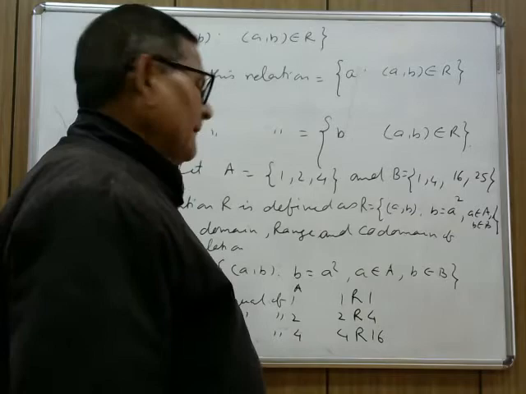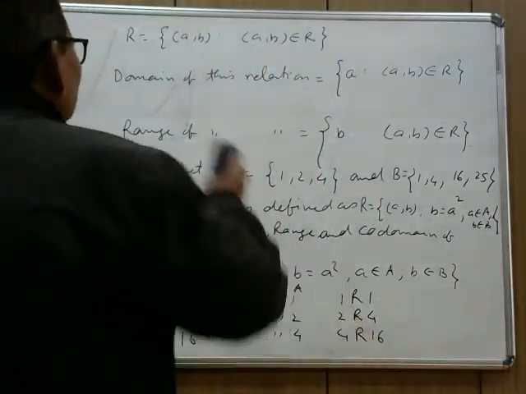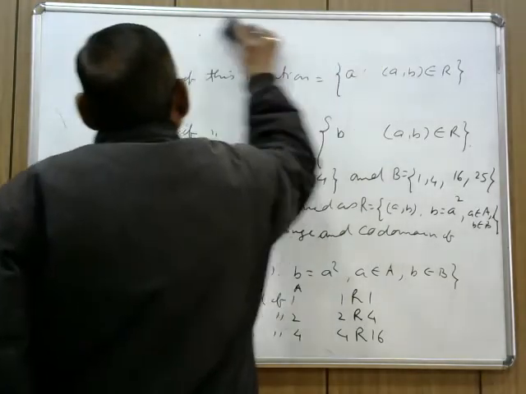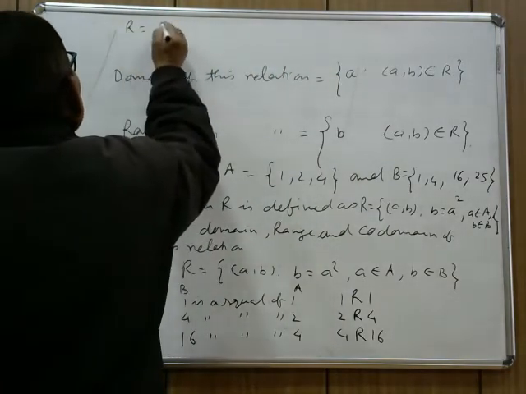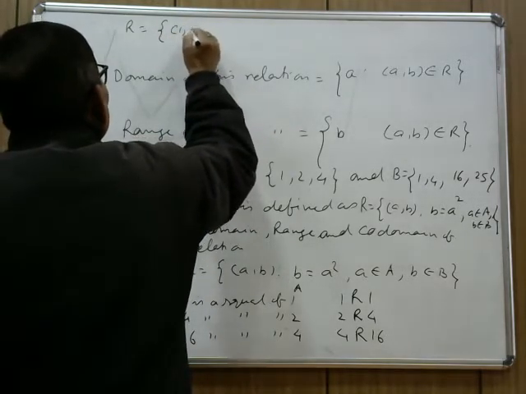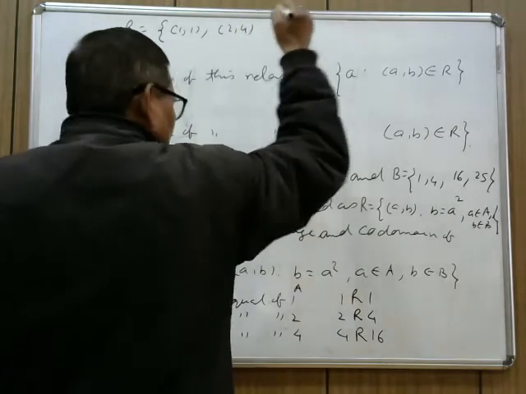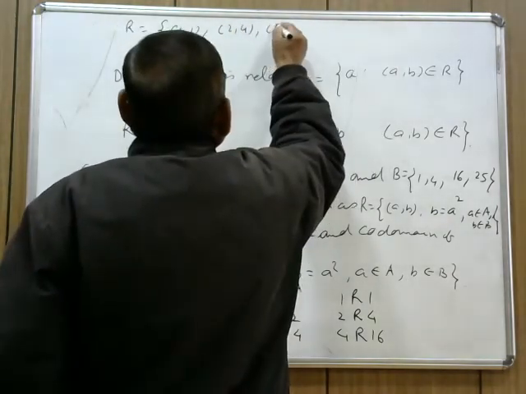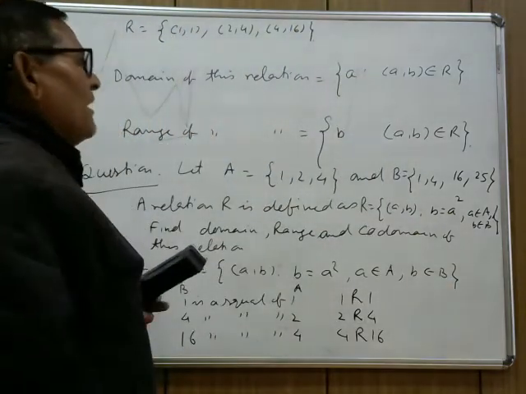So in this way, the members of R can be written as (1, 1), (2, 4) and (4, 16). So these are the members of R.